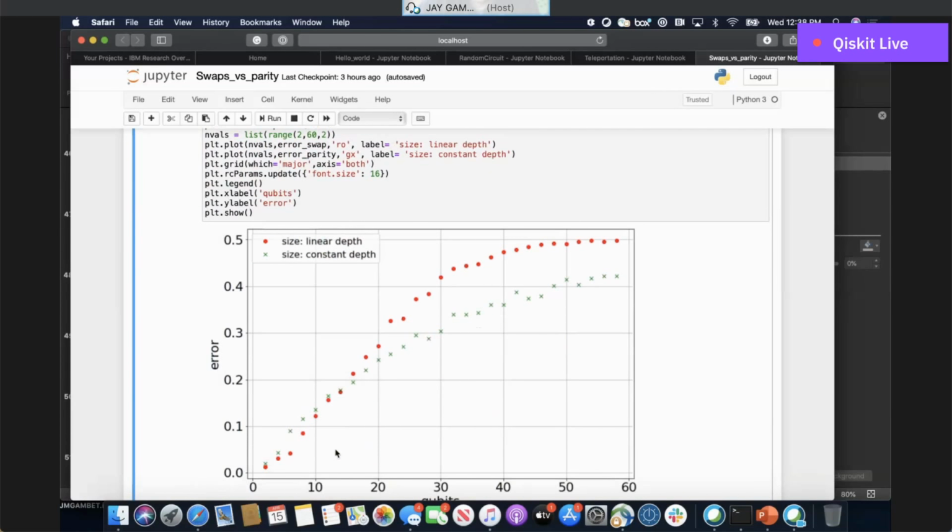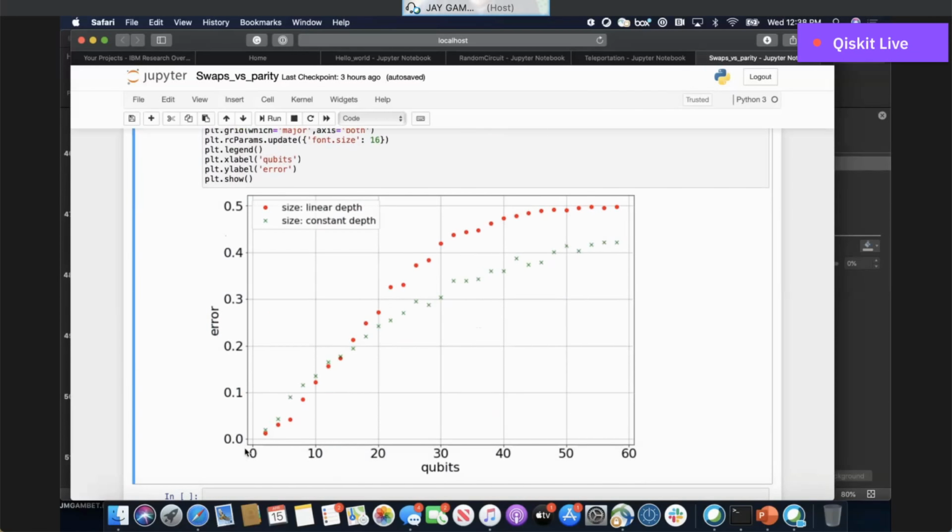And when you go through and do this simple simulation, you can see that at a larger number of qubits, say around 50 qubits, there could be a difference in quality between doing a constant depth circuit versus doing the swap. So you see that by giving yourself the ability to add this extra resource, you can do the same task more efficiently.